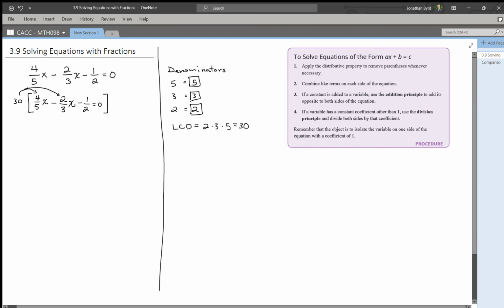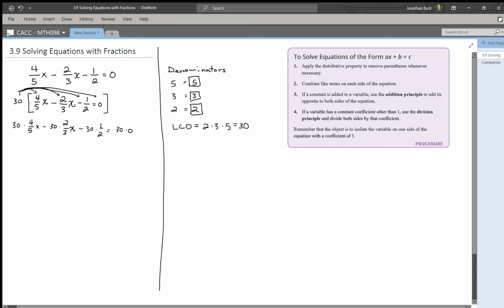I'd usually draw little arrows to remind myself that it's 30 times each of these. So it's 30 times 4/5 x minus 30 times 2/3 x minus 30 times 1/2, and that equals 30 times 0, which looks like a mess. But let's see what happens.